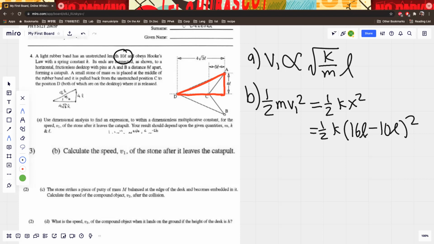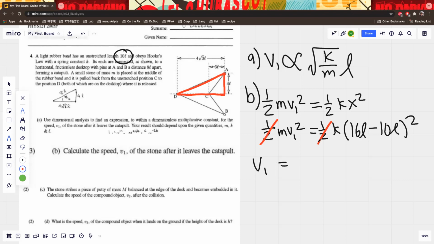Okay, and now we're just isolating for V. So V1 equals, we can cancel out the half with the half.